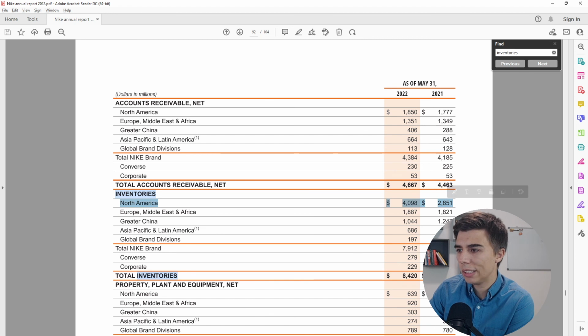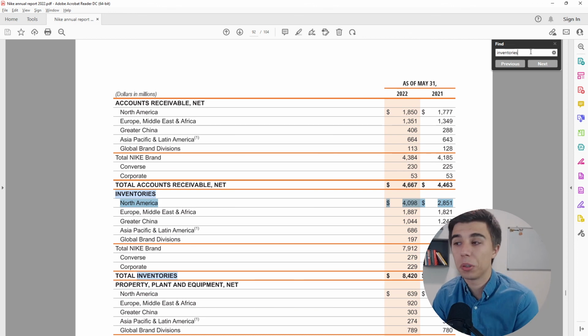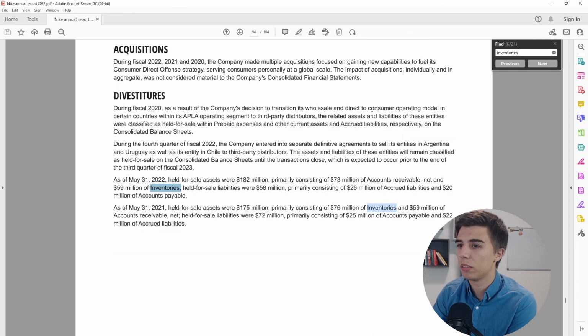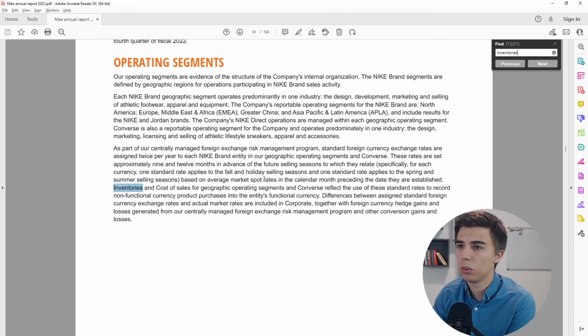The rest is actually either flat or declined. Do we have the same for... Oh, we can't. Accounts receivable were quite high also last year, so maybe we need to go a couple of years back to make that comparison.